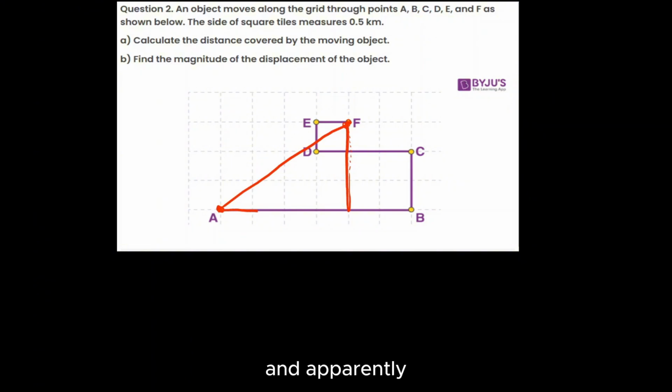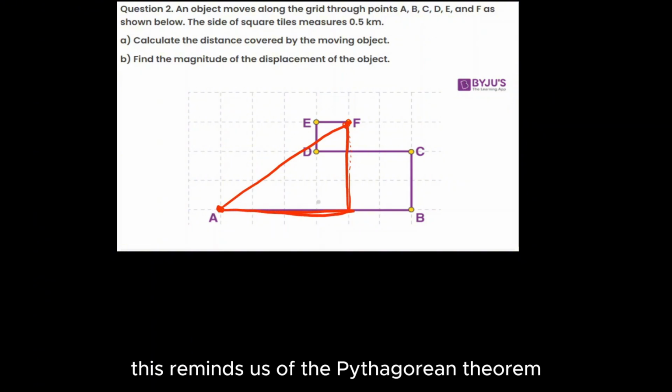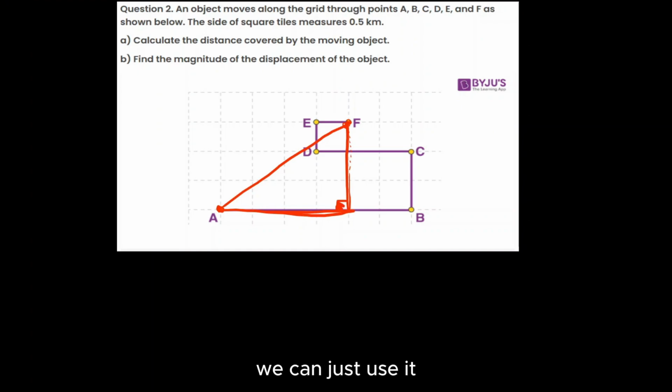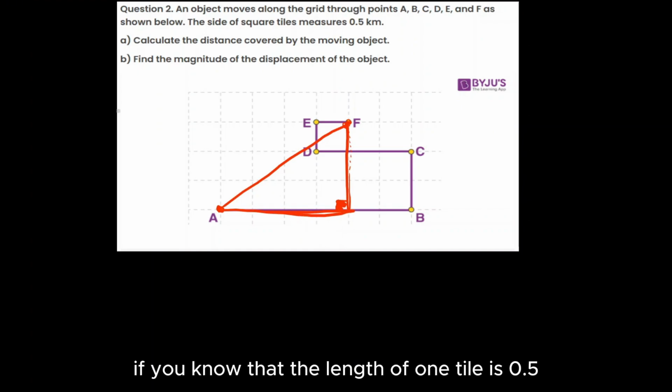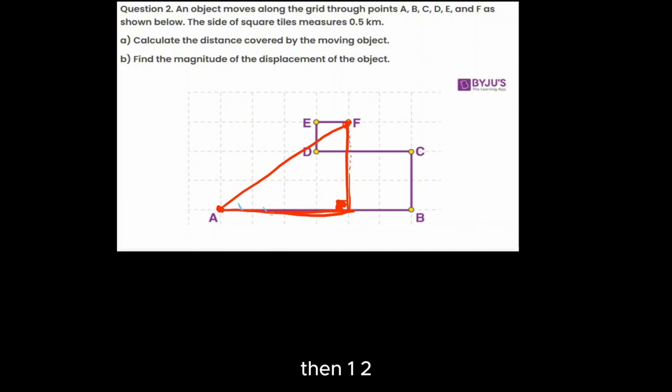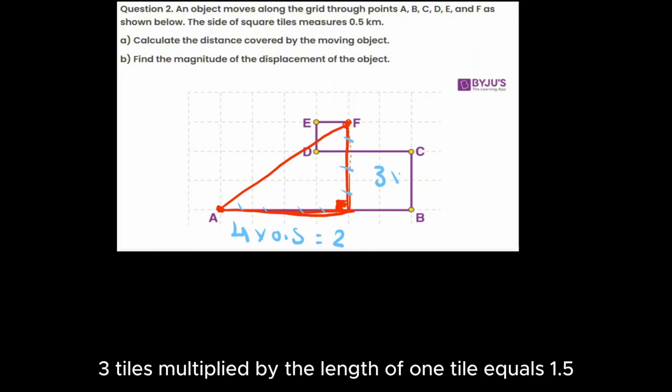And apparently, this reminds us of the Pythagorean theorem. We can just use it. If you know that the length of one tile is 0.5, then 1, 2, 3, 4, so 4 times 0.5 equals 2. And this 1, 2, 3 tiles multiplied by the length of one tile equals 1.5.